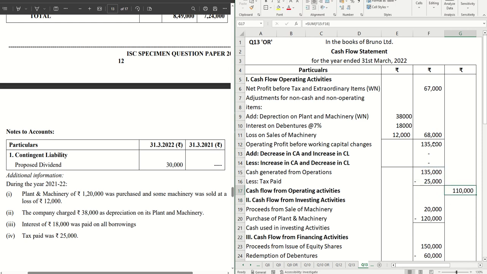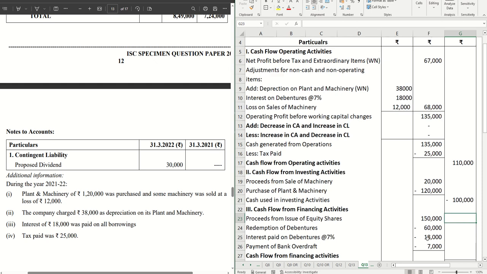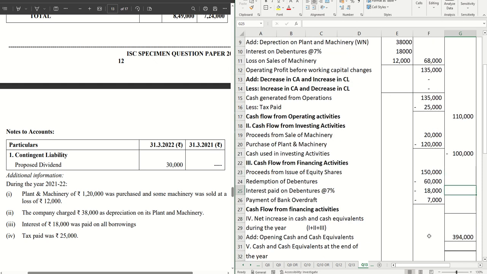So 1,10,000 is our cash flow from operating activities, a positive inflow, and we have cash used in investing activities as a negative outflow of 1 lakh. Let's do the financing activity as well. And we have 65,000 as an inflow from financing activities.